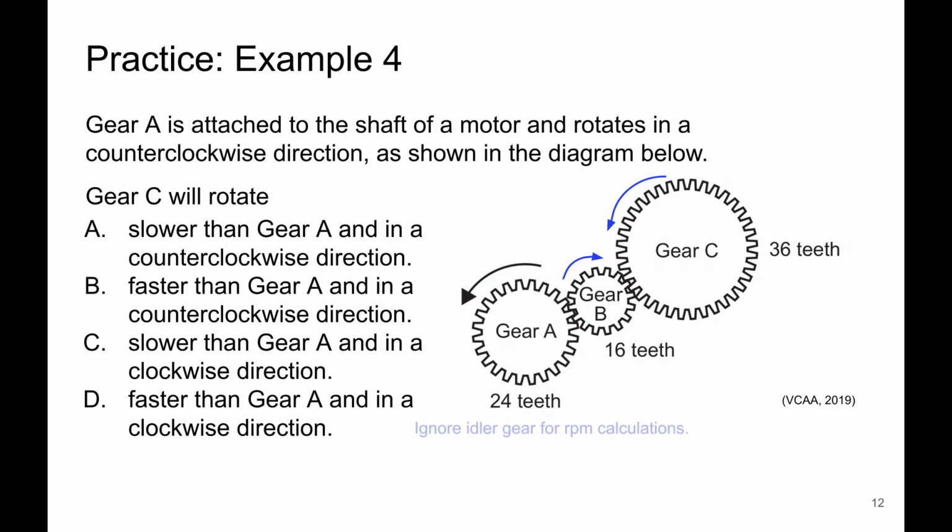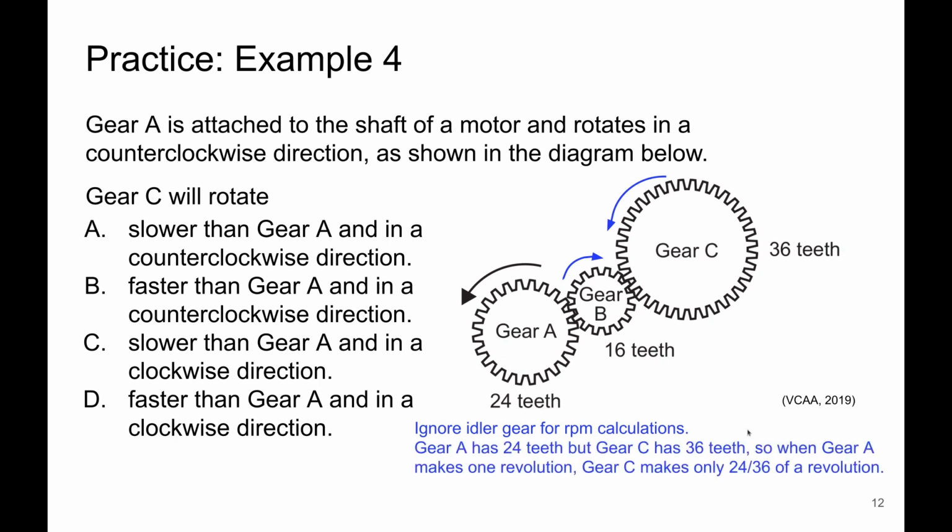Now in terms of working out the speed, whether it's going to be faster or slower, we can ignore the idler gear for RPM calculations. And therefore gear A has 24 teeth, but gear C has 36 teeth. So when gear A makes one revolution, gear C will only make part of a revolution.